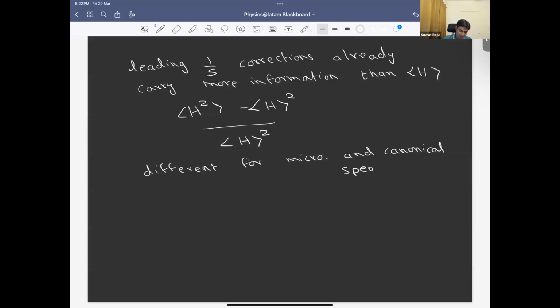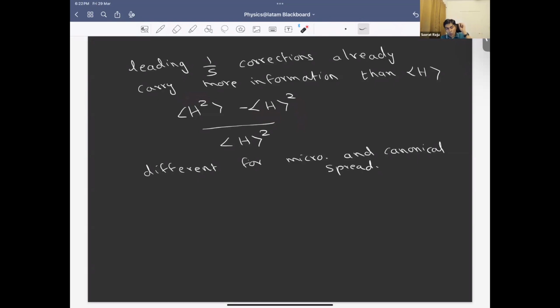And this information is available in the geometry at order 1 over S. In fact, why is this available? Because remember, we said in the quantum theory, this is not the same as H squared. An observer outside, you don't have to go inside, can determine this just by looking at the metric and looking at quantum fluctuations of the metric.